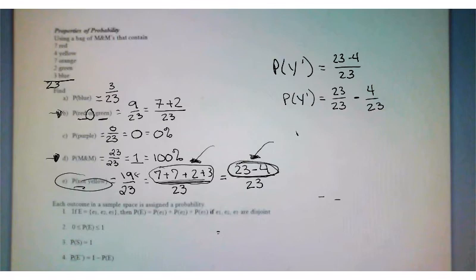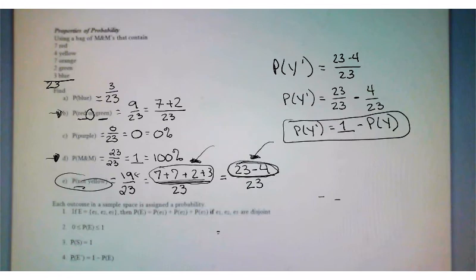Now consider what each of these fractions represent. 23 over 23 is 1 whole, or the chances of being in our sample space. 4 over 23, that is the probability of getting a yellow. So notice, the probability of the complement can be found by 1 minus the probability of the event.